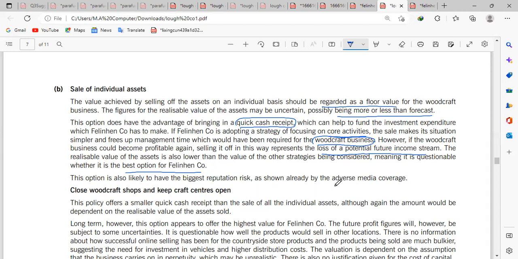As shown already, the adverse media coverage is there. So guys, what the examiner is saying is, if you are just closing your woodcraft business and your craft centers, you will be getting cash. But what will happen? The cash will be used in your investment expenditures, but this is only thinking for the short term.